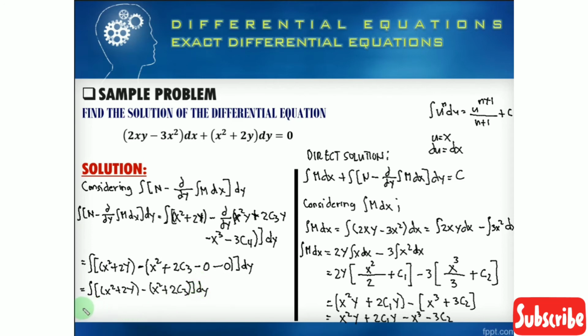After that we are going to simplify. This is equal to the integral of this quantity, x squared plus 2y. We distribute the negative sign here, so minus x squared minus 2c3, and this is dy.